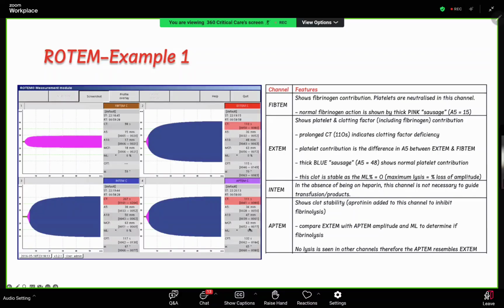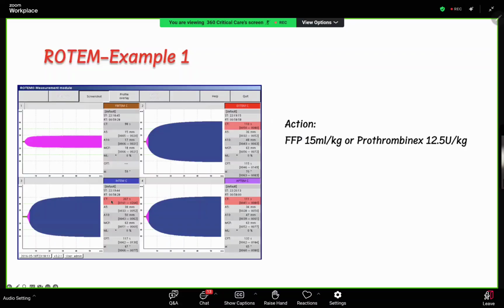Here the clot lysis is 0%, so no fibrinolysis is happening. So APTEM is used for fibrinolysis. The major effect here is either a problem of platelet, which we think is less likely, or a problem of coagulation factor, because in both the EXTEM and the INTEM the CT is prolonged. So it is an issue with the coagulation factor.